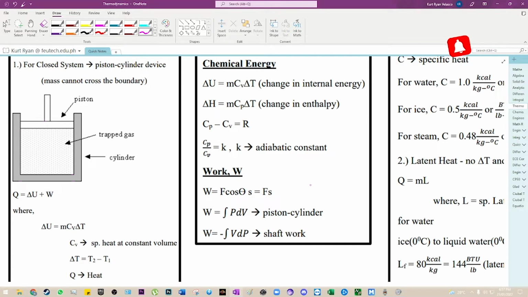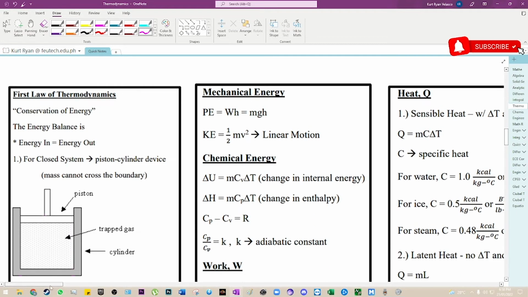Therefore, you'll be left with Fs, if the motion is directly horizontal, or linear. For the work in a piston cylinder, that is just the integral of P dV, or pressure times dV. Or if it's a shaft work, work is equal to the negative integral of V dP.